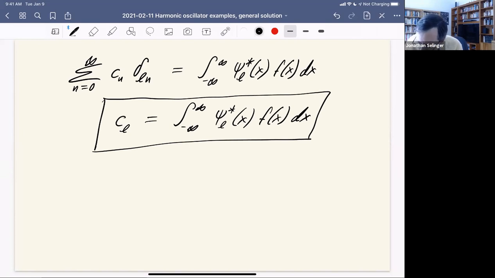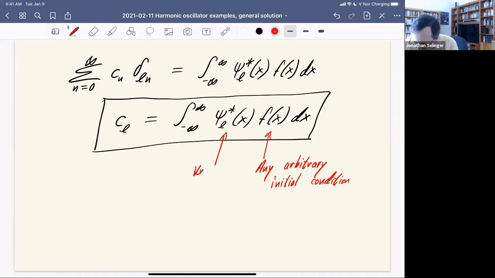Okay, so this then gives us an equation that we can use to determine the C coefficients. If we start with any arbitrary initial condition, and we know these solutions, then we multiply those things, integrate over x, and that would give us the CL coefficients.